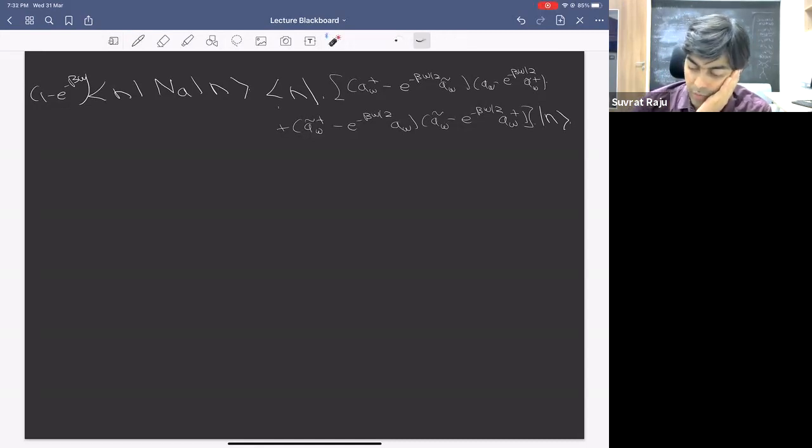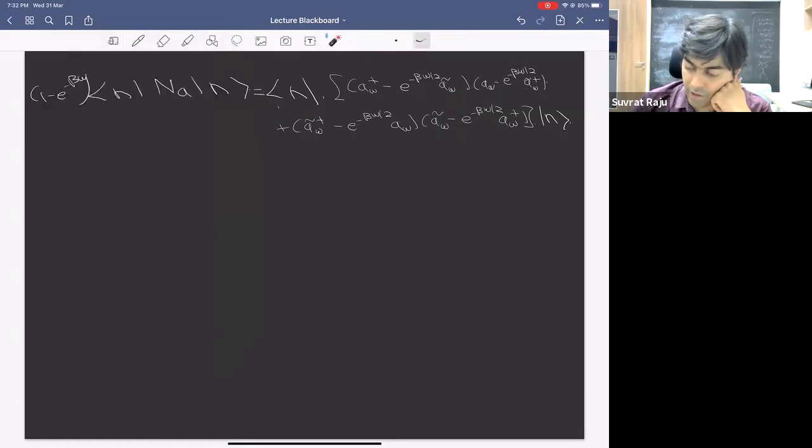Notice here we have an expression. We have some terms which are cross terms, which are a omega dagger times a omega. So that could be 0. It's a positive operator, but could be 0. But notice you have this a omega tilde times a omega, which we said was 0 when you sandwich it inside an n, right?